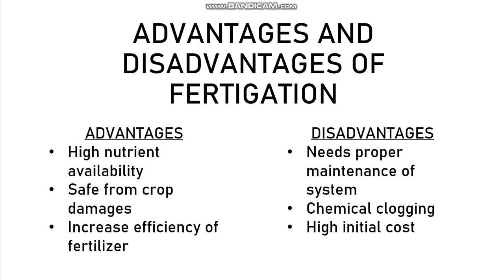Chemical clogging may also occur within the system, as fertilizer may have chemical reactions among the mixture, and the initial cost to set up a fertigation system is relatively high. That's why many users use fertigation on a bigger scale to produce more harvests.